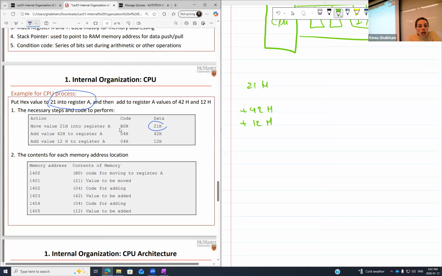So initially I put 21 into register A, and then when I add 21 plus 42, it becomes 04. And then when I add 12 to this, still it's the same. When I add another 12, still it's going to stay the same. So 04H is a location, kids.